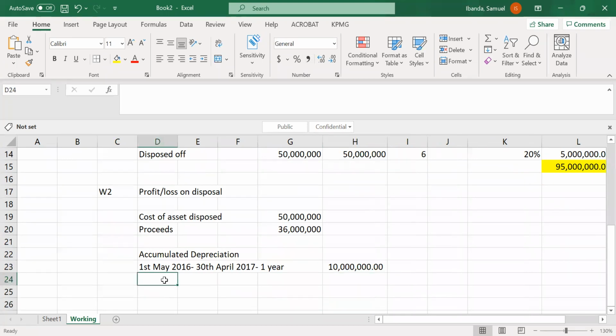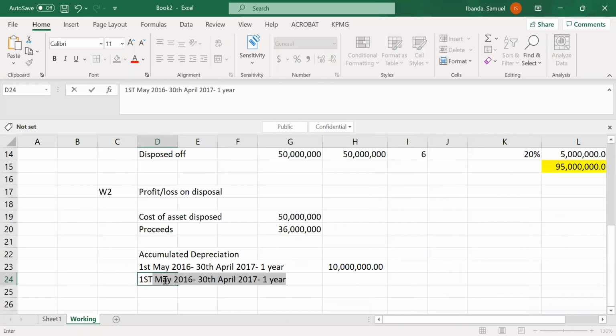But then we also had another second year, which started 1st May 2017 to the time when it was sold off, which was 1st November 2017, which was half a year.